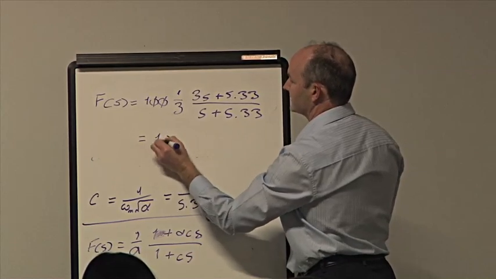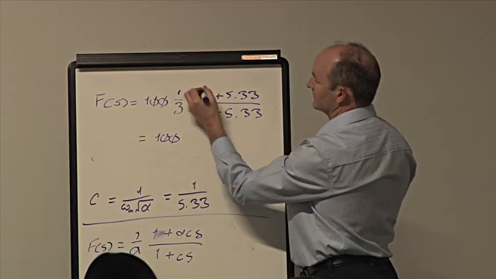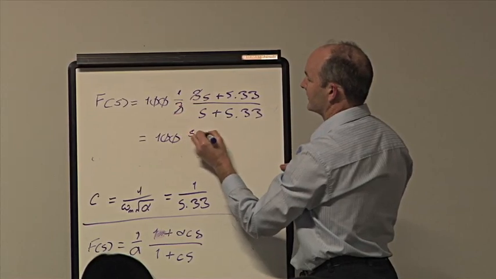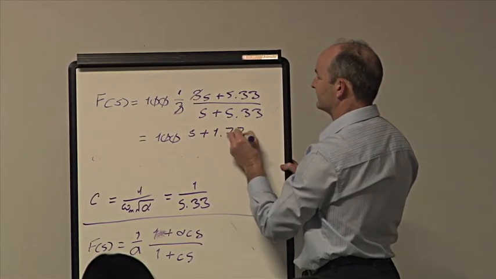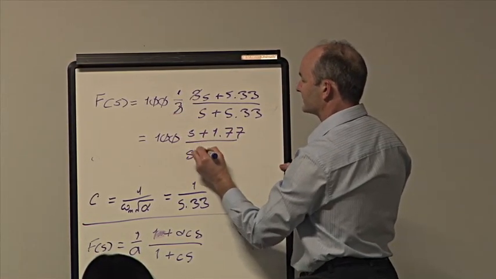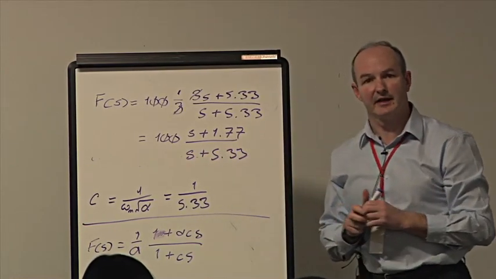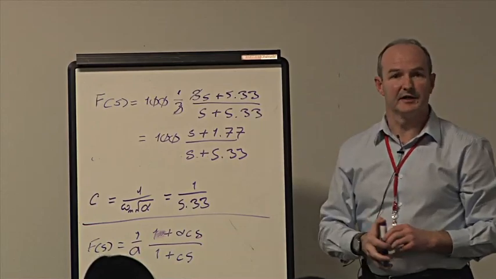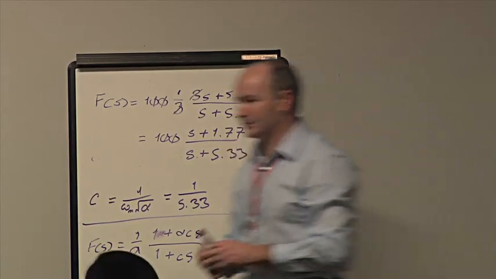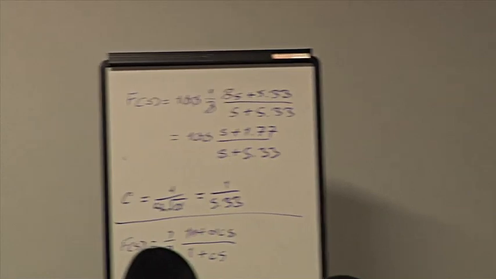Well, it's 100 times, those 3's will cancel, on the top we've got s plus 1.77 divided by s plus 5.33. That is the phase lead compensator I think should give me 30 degrees of phase lead at 3.08 radians per second. So let's try it.